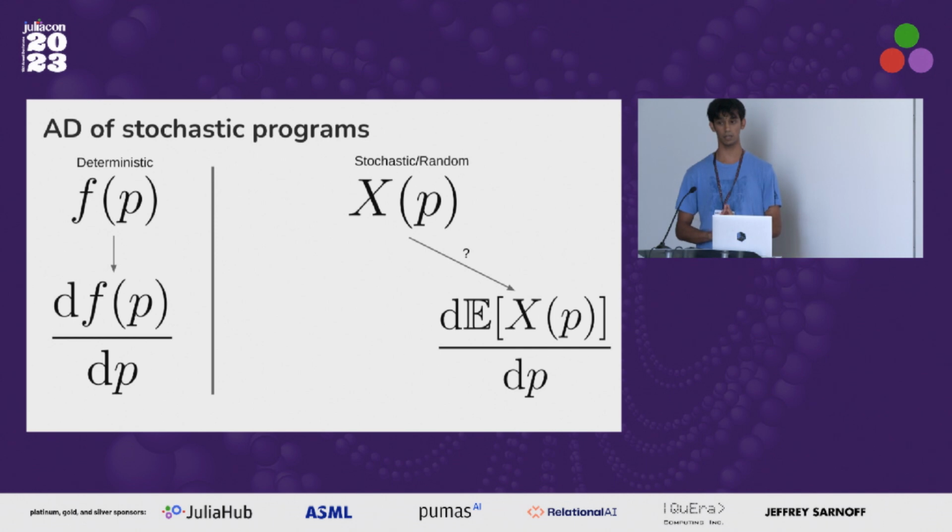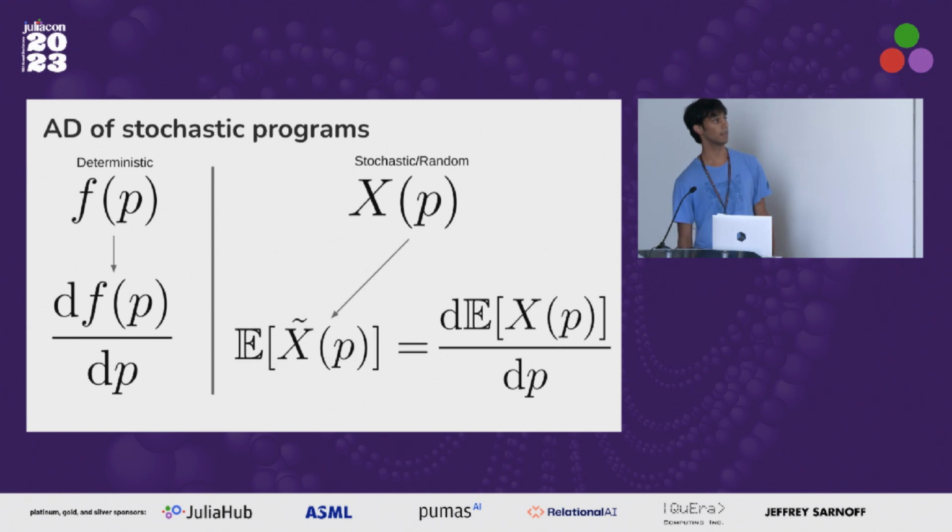Instead, you'd really like to remain in Monte Carlo space, right? You'd like to make a new program that's also random. But rather than the original program estimating an expectation, you'd like the new program to estimate this quantity of interest, the derivative of the expectation. And that is precisely the goal of this problem of stochastic automatic differentiation.